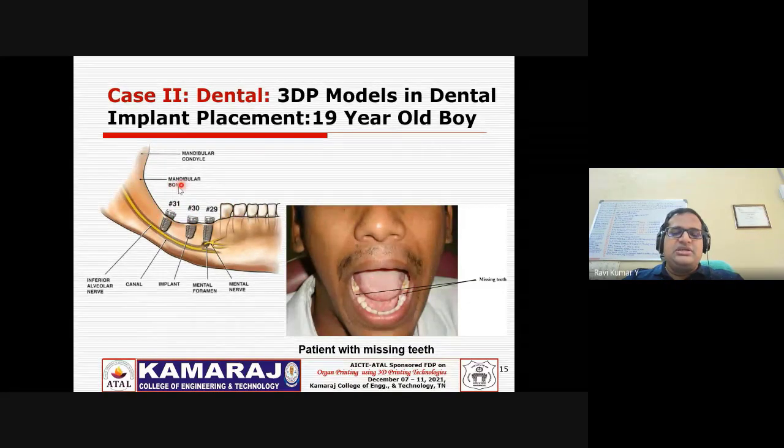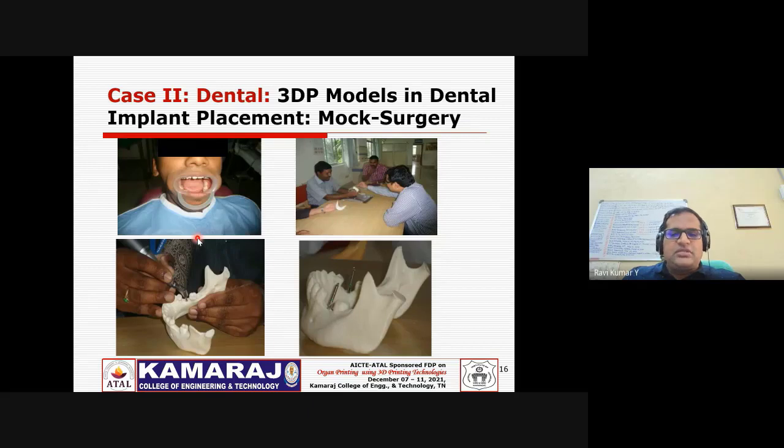You give this model and sit with him and let him do a rehearsal, and then come out with the customized implant, rather than taking a standard sized implant and trying to fix it, which is basically a trial and error or guess game. Here you have an opportunity to design and fabricate the patient specific implant.